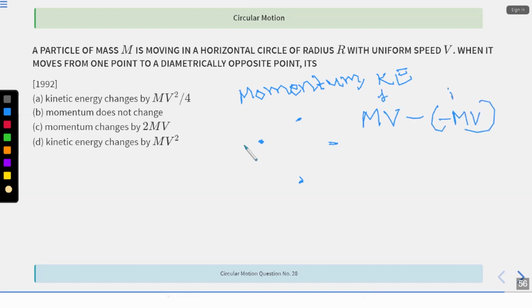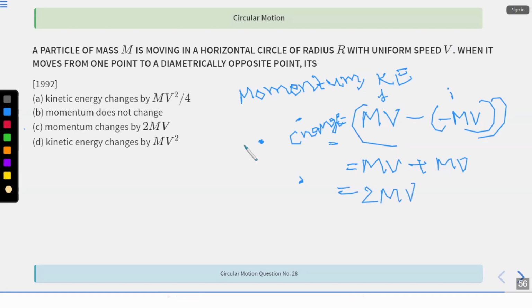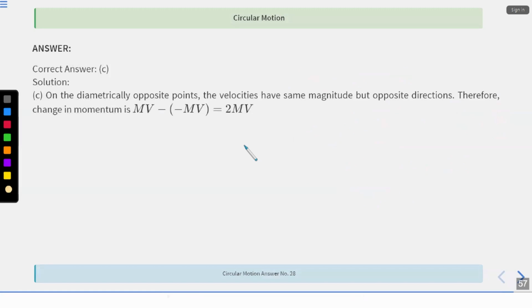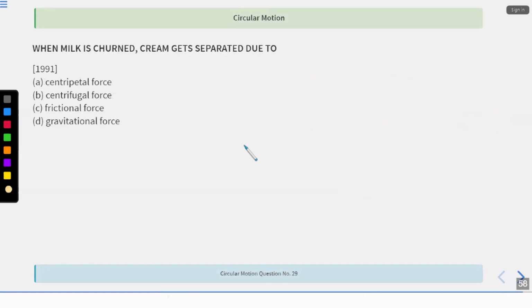Let's say this is initial. So you subtract it, right, for change in momentum. So that will be mv plus mv. That will equate to 2mv. So with this, you got the answer to be option C. Okay, moving on to the next question.